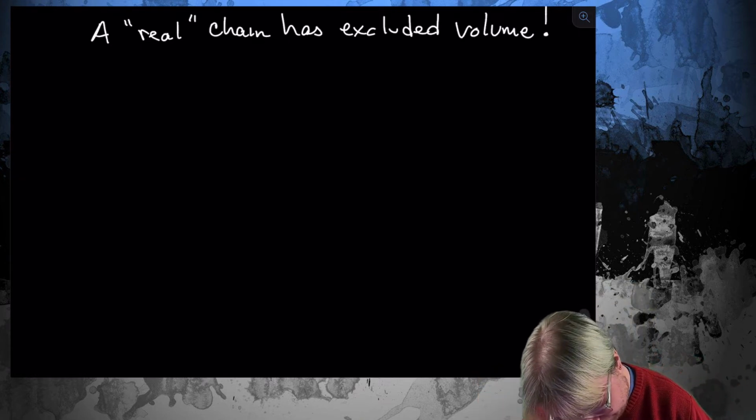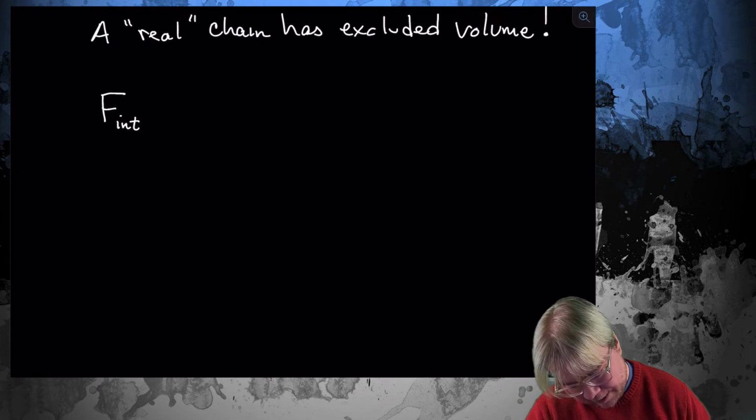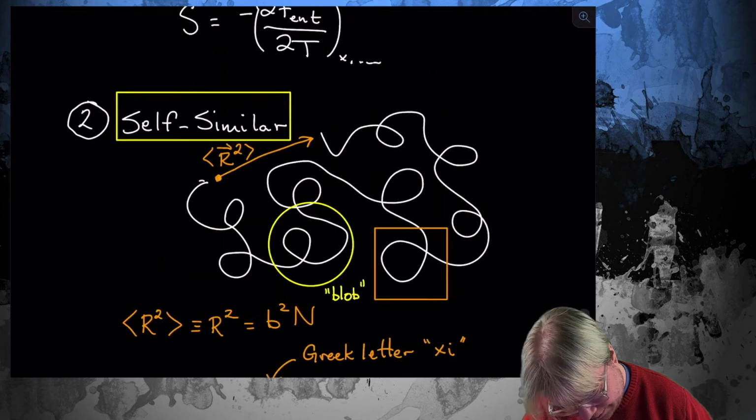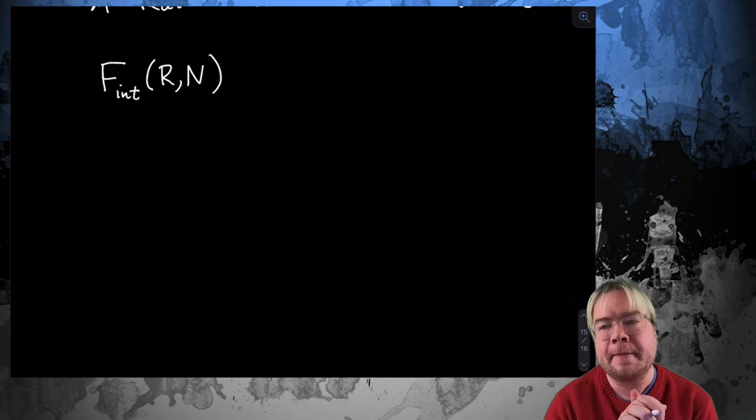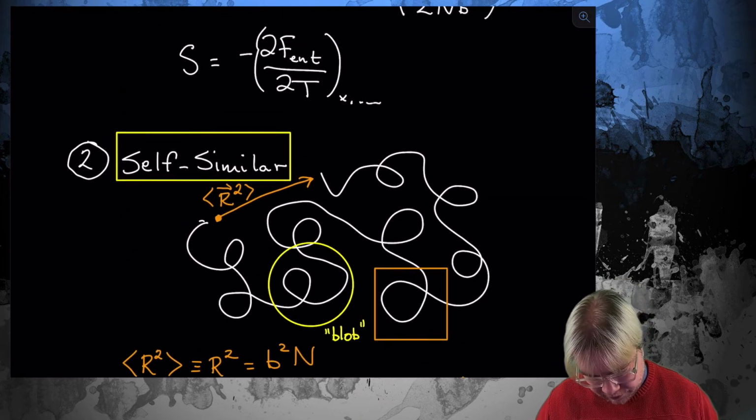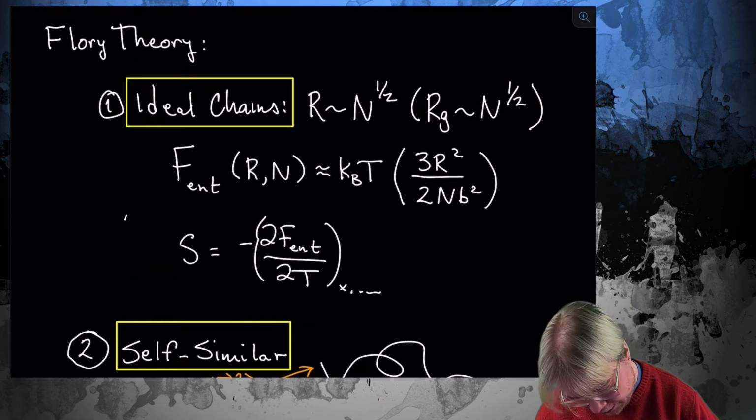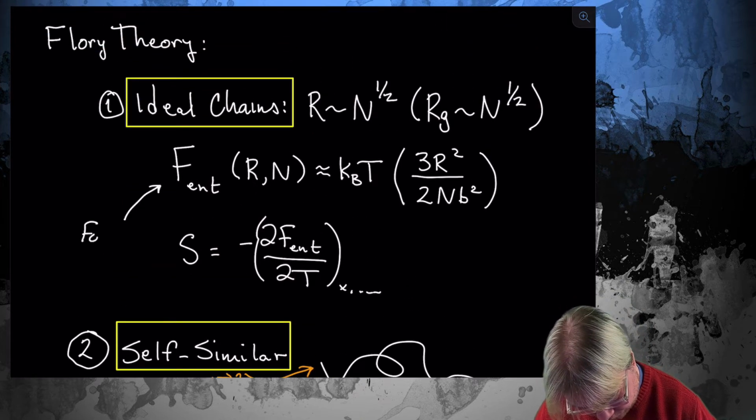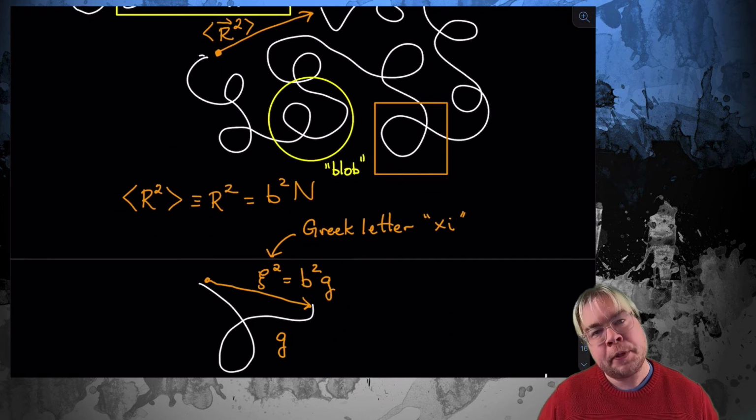So if that's the case, then the free energy due to interactions, and let's just say for a chain that has, let me use the same notation, a chain that has a size R and has N monomers, that free energy, we're going to have to make it an intensive value, right? That's kind of what we did last time. So this free energy that I've drawn here is for one chain.